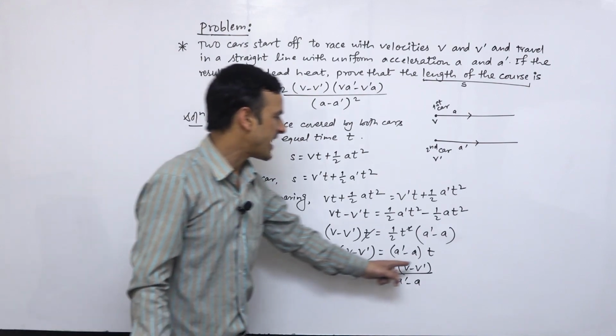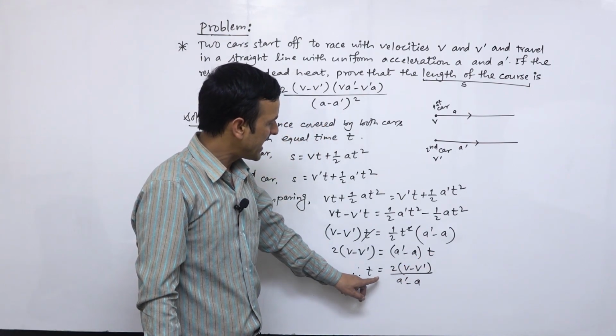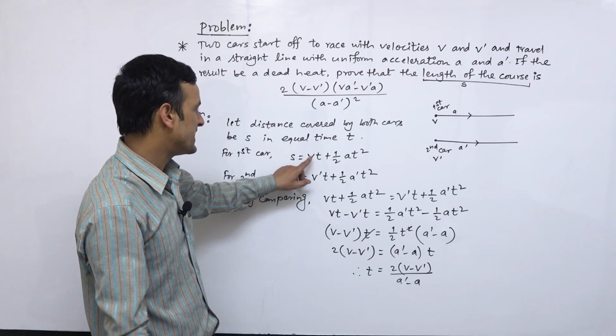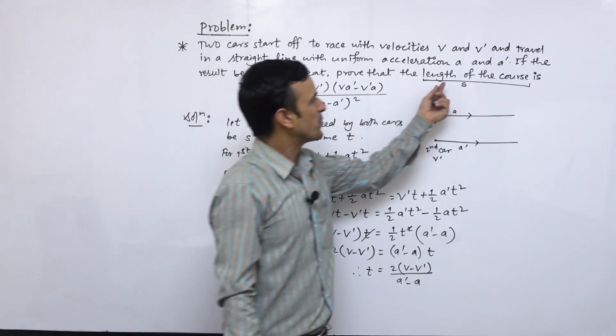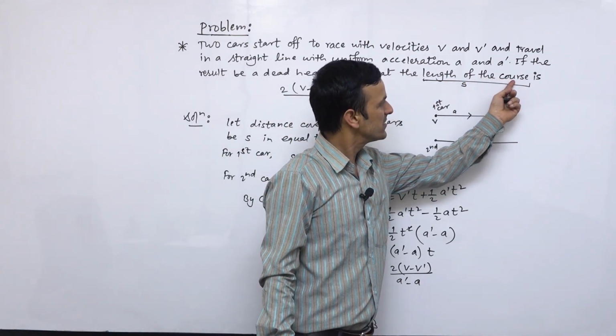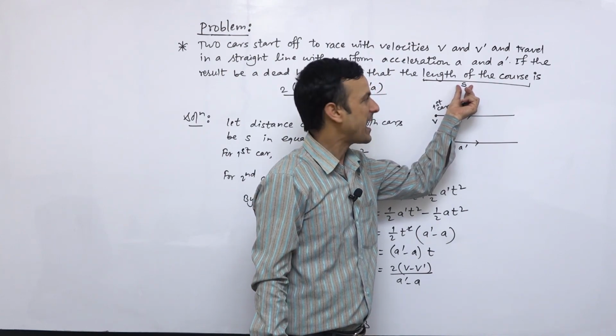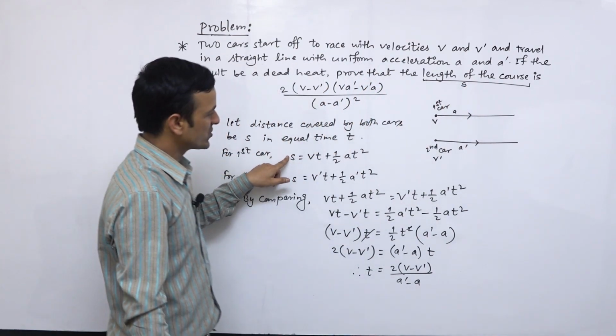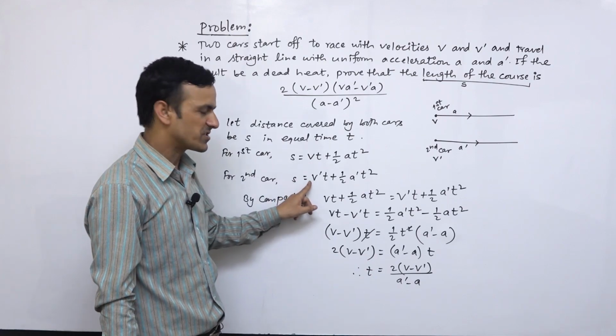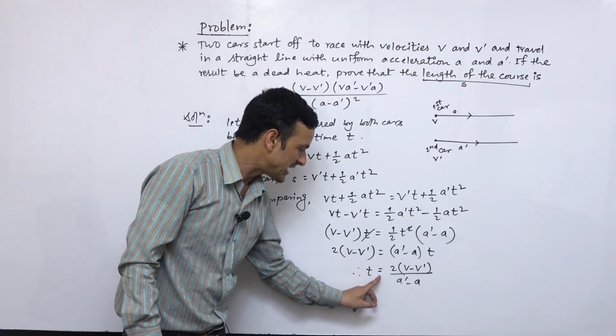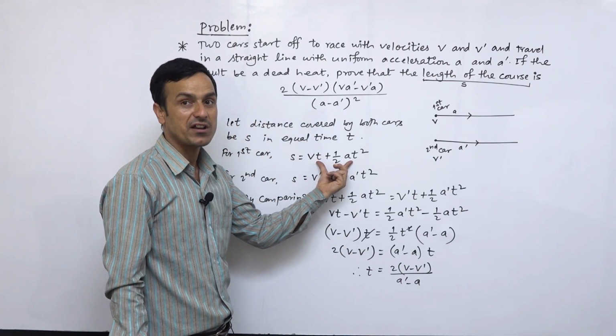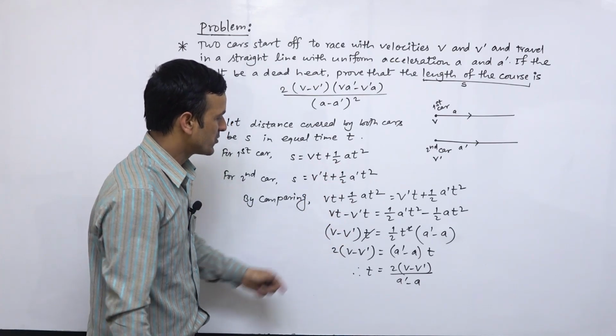So in this way we can find out the value of t, and if you substitute this value of t in this equation, we find the length of the course. So we have to find the value of s, and the value of s is this one or this one. Any equation you can take, and substitute the value of t found from here. After substituting, our result comes.